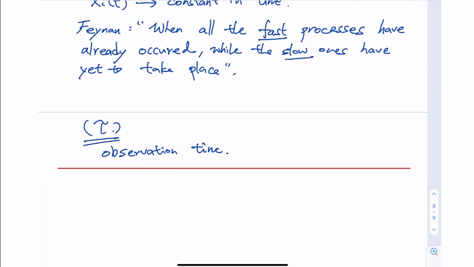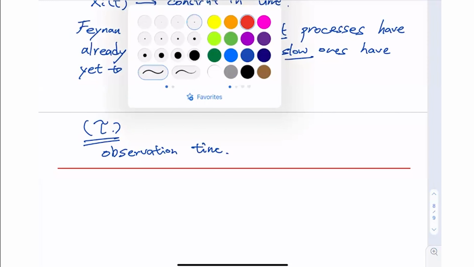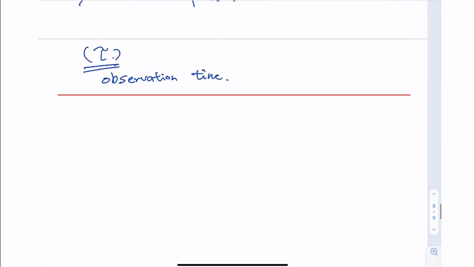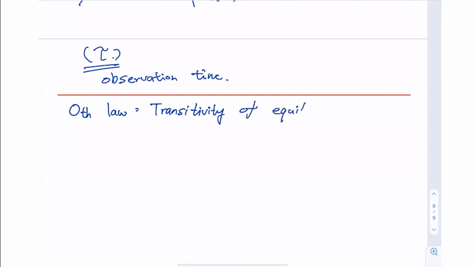Okay, so now we are going to try to have a picture of what thermodynamics is. Here I'm just trying to mention some of the laws of thermodynamics. There's the zeroth law, which is basically the idea of transitivity of equilibrium.